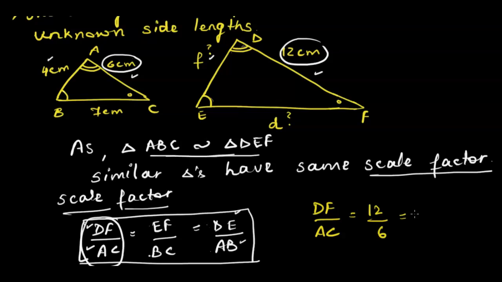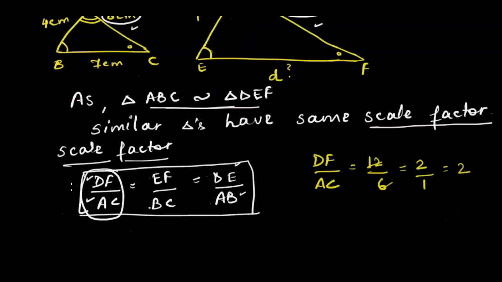So scale factor we always find out using the two corresponding side lengths that are given for both the triangles. Here the scale factor that we get is 2:1, or we can just simply write down 2 is the scale factor. That means the bigger triangle side lengths are double the side lengths of the smaller triangle. So in place of DF over AC, we've got 2.